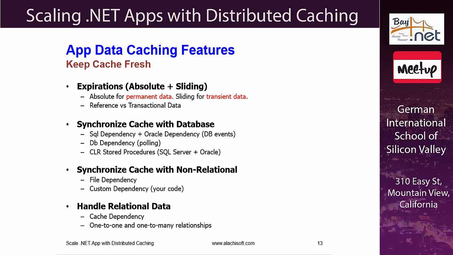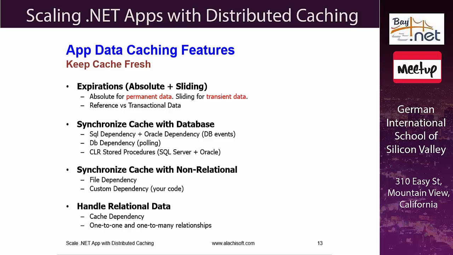Okay, so we had finished the synchronization of the cache with the database. Any questions on that before I move on to other features? The same rule applies with non-relational data sources, where you want the cache to update itself if your data changes. It doesn't have to be relational databases.